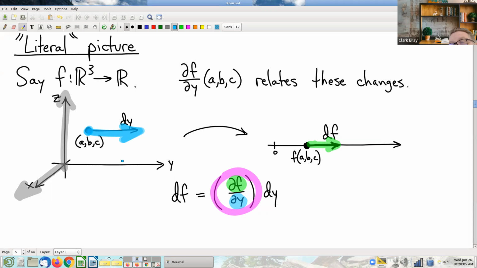I don't know that I fully understand what the partial derivative actually is here. Well, yeah, I totally get that. The satisfaction of feeling like you know what something is very often comes from being able to see it, and this is unsatisfying in that way. I can't fix that. In this picture, the best I can give you is that the partial derivative is a relationship between input changes and output changes, and that's just kind of what it is.